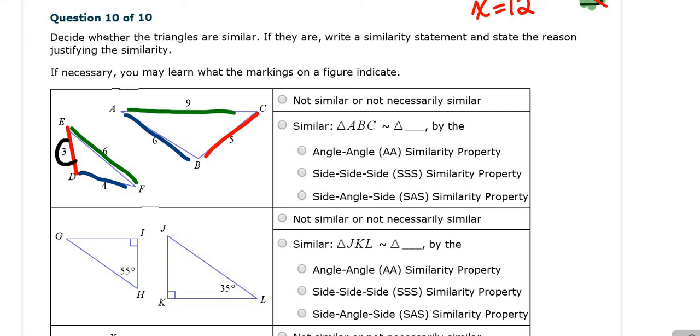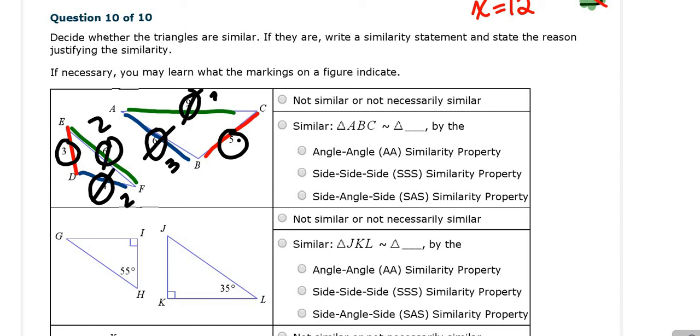So we have a 3 to 5 ratio here. We can't reduce that. 4 to 6 reduces 2 to 3. 6 to 9 reduces 2 to 3. However, this is 4 to 5. The ratio is not the same all the way around. Therefore, it is not similar.